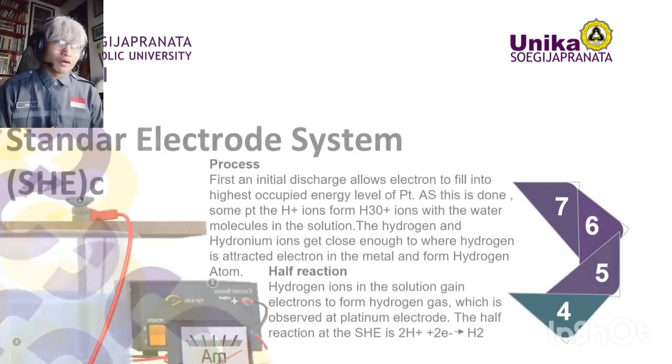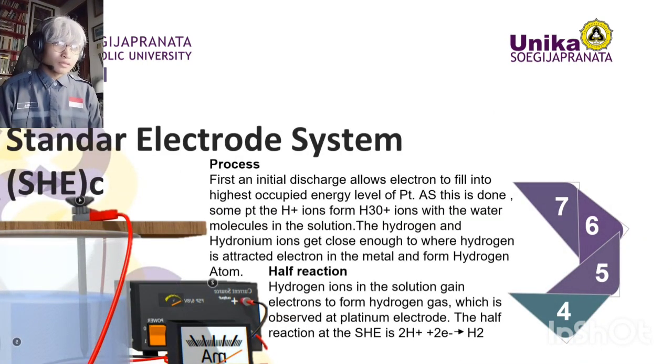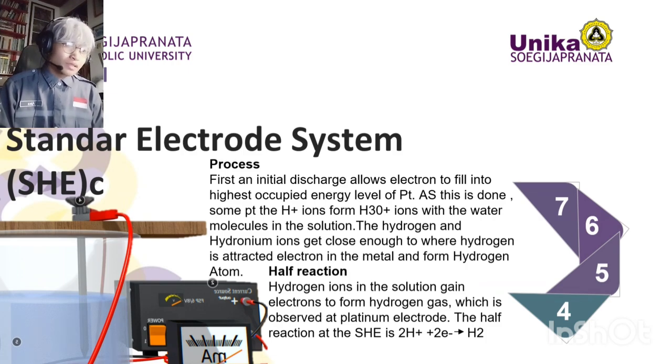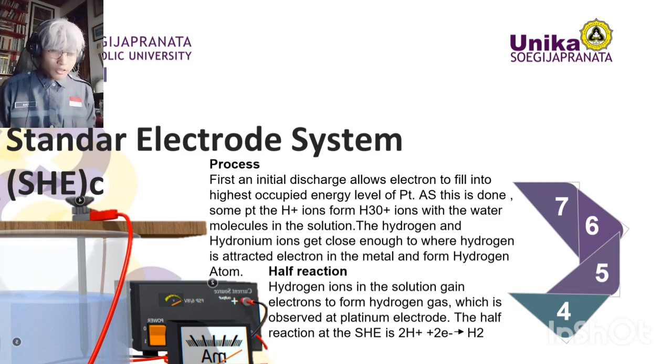The process of how this works is that the initial discharge allows the electrons to fill into the highest occupied energy level of the Pt. As this is done, some hydrogen ions form H3O+ ions with the water molecules in solution. The hydrogen and hydronium ions get close enough that hydrogen is attracted to electrons in the metal and forms hydrogen atoms.